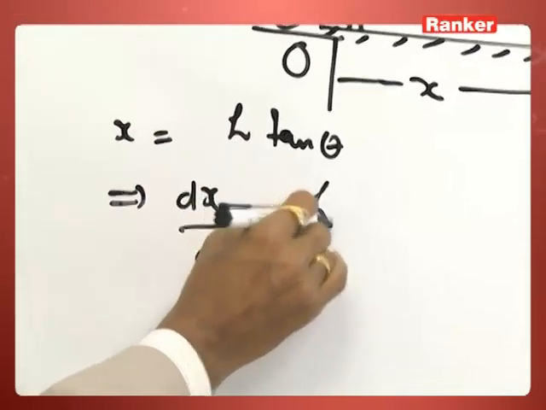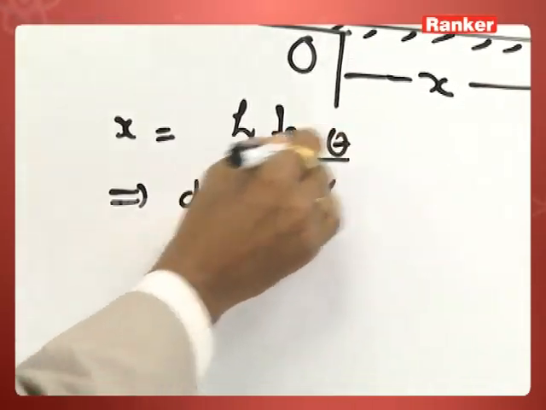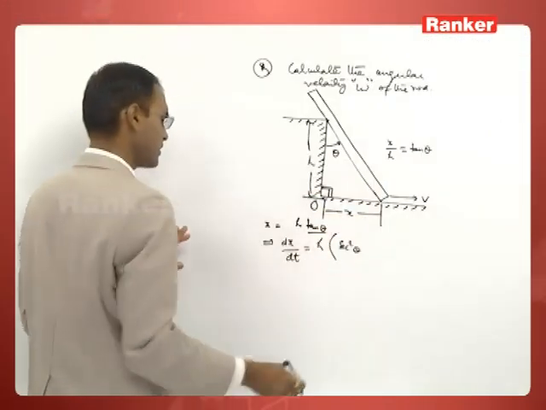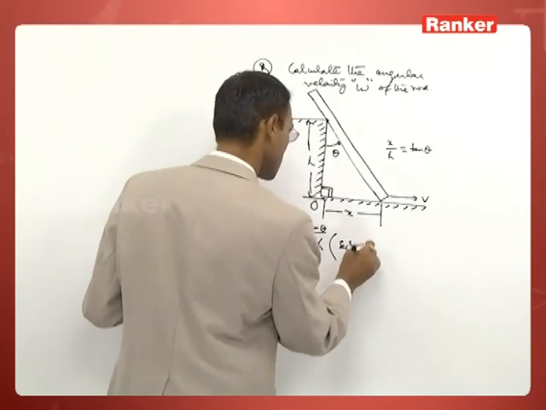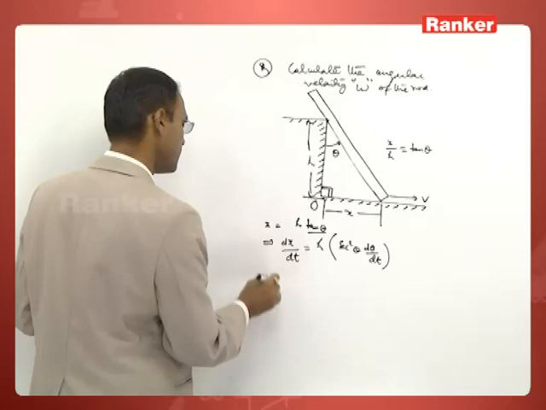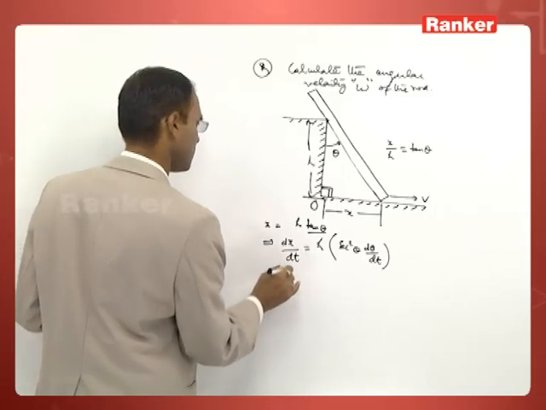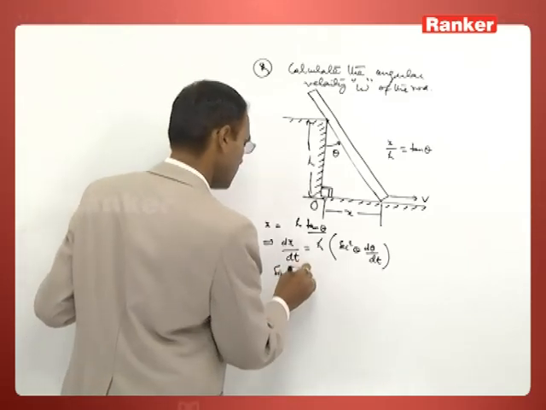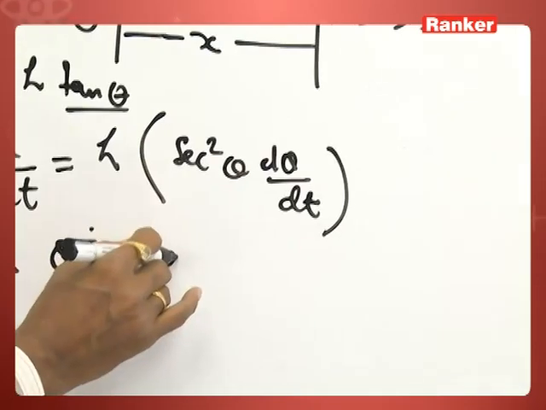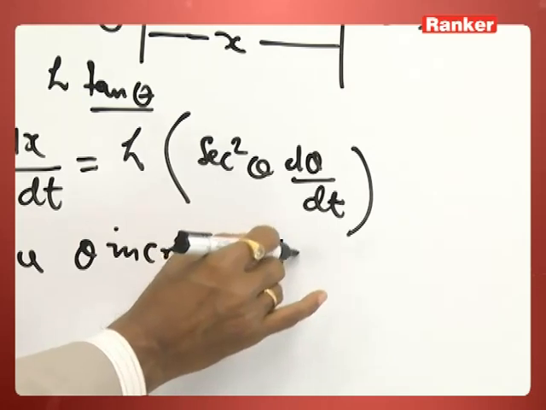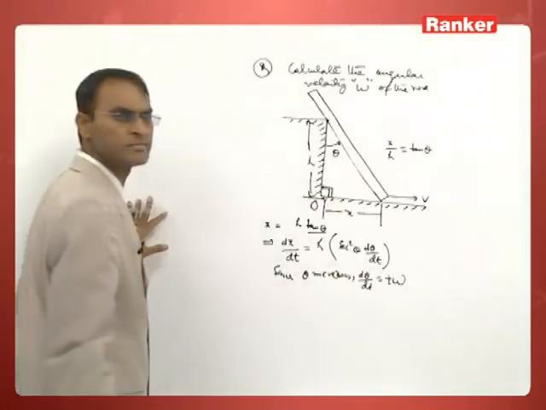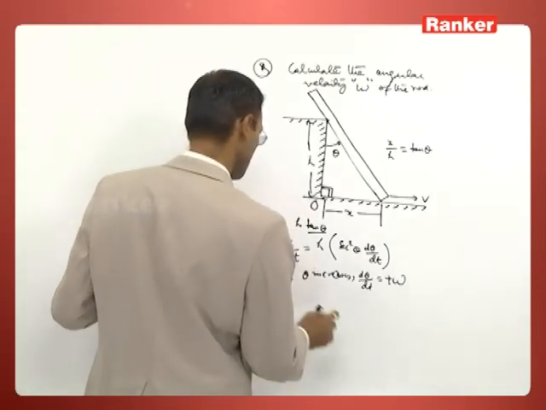dx by dt is equal to v. Derivative of tan theta is secant square theta d theta by dt. Since theta increases as the rod slides towards the right, d theta by dt is equal to plus omega.